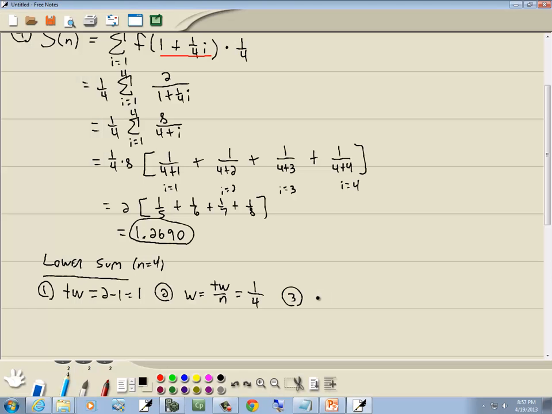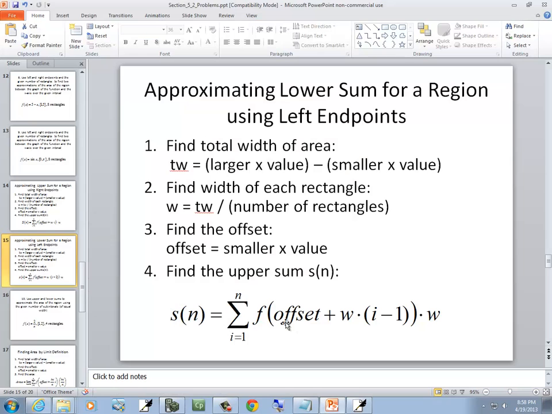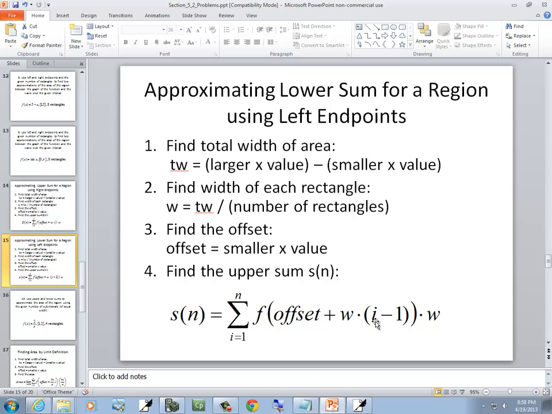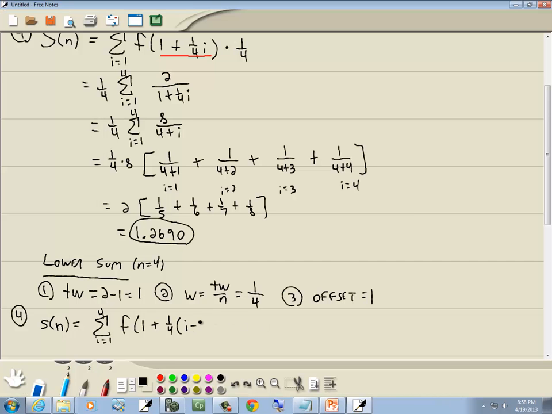Step 3. Find our offset. It's the smaller x value, which I think was 1. Then step 4. Find our lower sum. That's little s of n. And then that's going to be the sum from i equals 1 to n, which was 4, of f of the offset, which is 1, plus w, plus 1/4, times i minus 1, times w at the end, so that'd be 1/4.